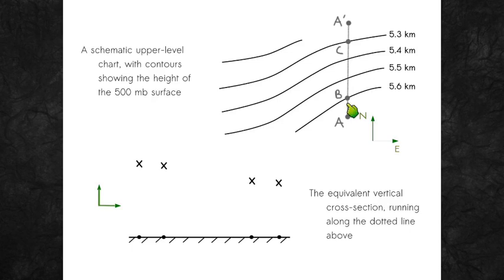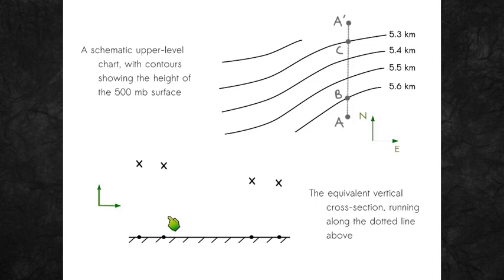And what our upper level chart tells us is how high the pressure level was above sea level. So for instance, along this line here, it's telling us that our pressure level was 5.6 kilometers above sea level. And as I go northward, it's getting lower, getting closer to sea level. So what that's telling me then is the surface is typically higher above sea level down here to the south and then drops off as I go towards the north.